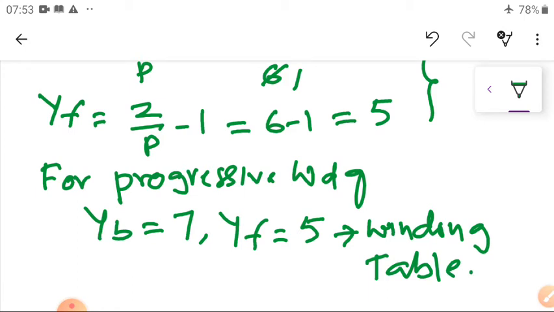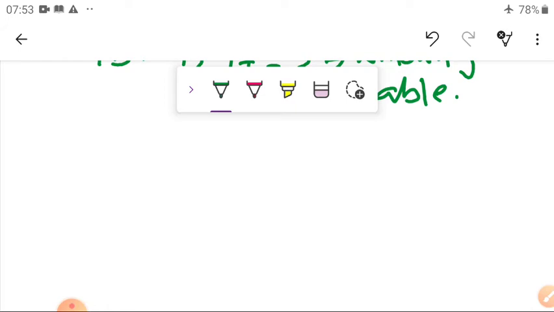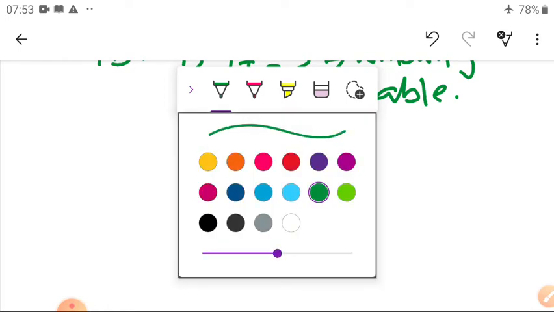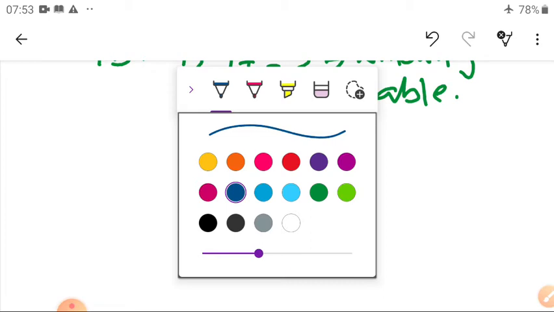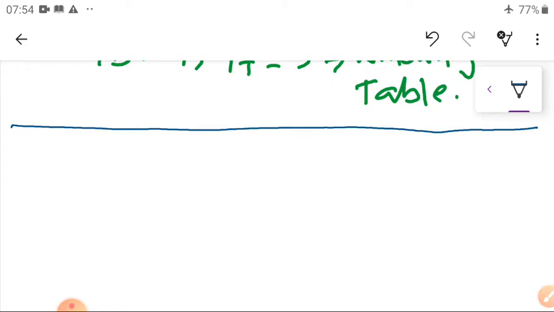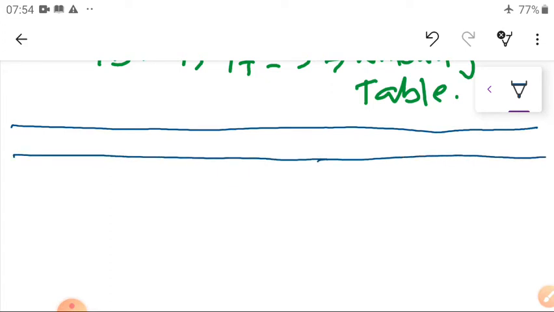Let us do it. Here you draw one table, with a serial number column.